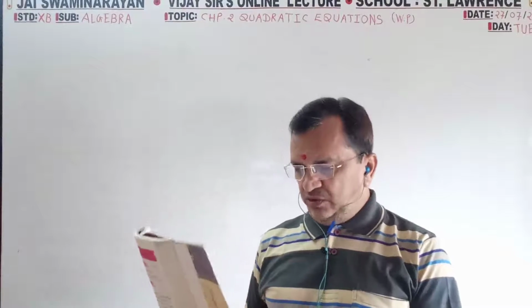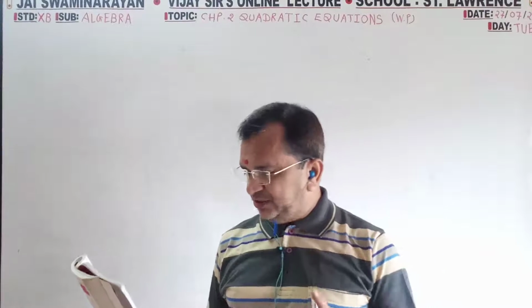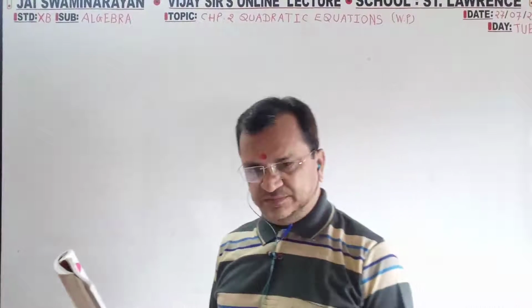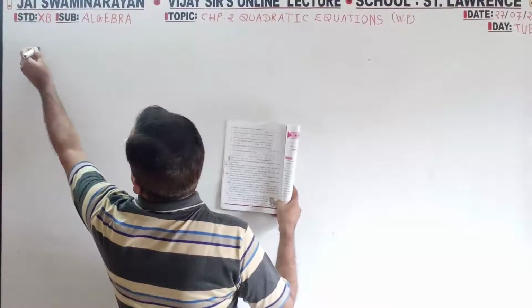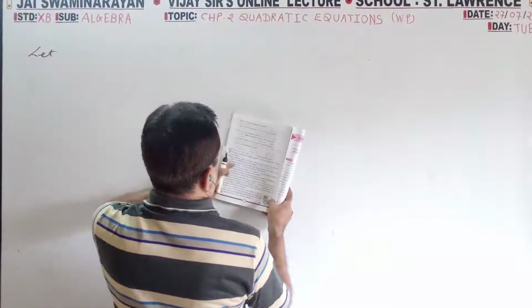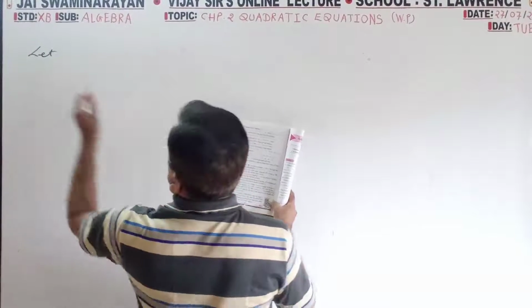Question omitted, don't do. The difference between the squares of two numbers is 120. The square of the smaller number is twice the greater number. Let me do question number 12.